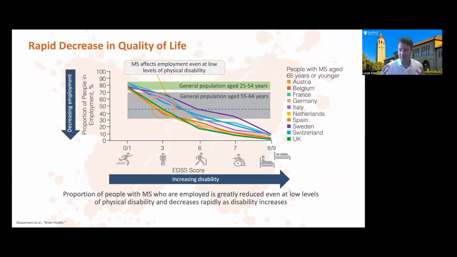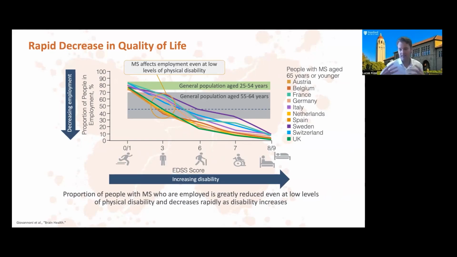This also has significant effects on employment. The proportion of people with MS who are employed is greatly reduced, even at really low disability levels, and rapidly decreases as their disability increases.